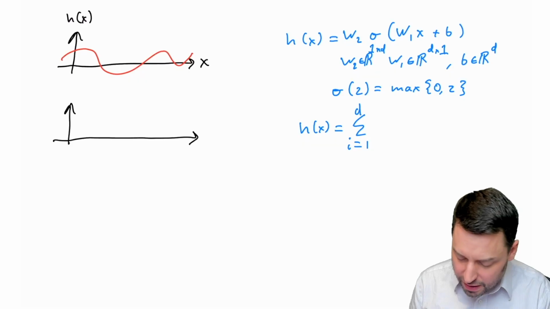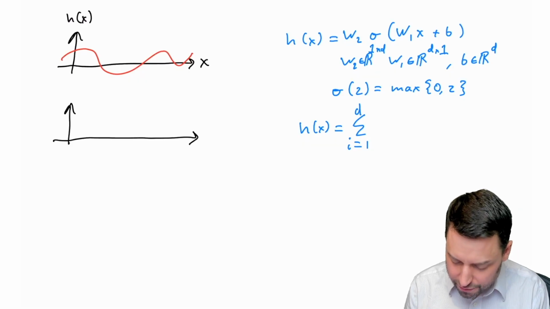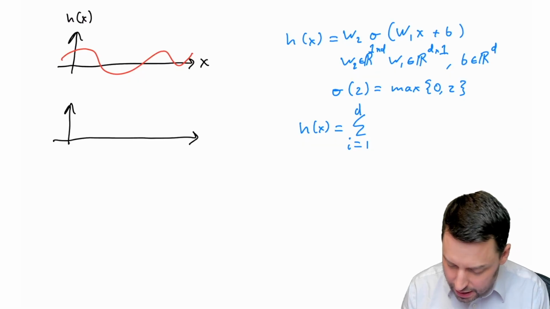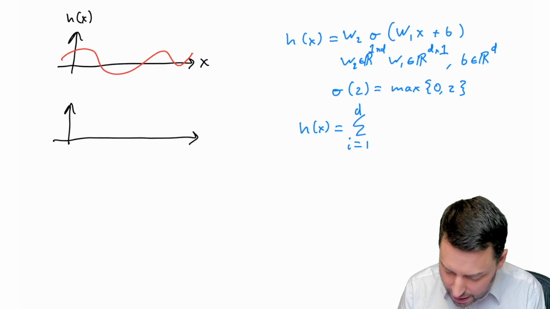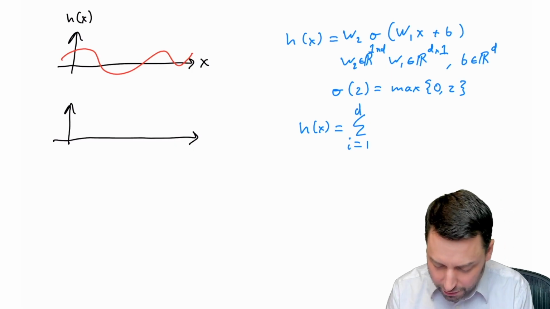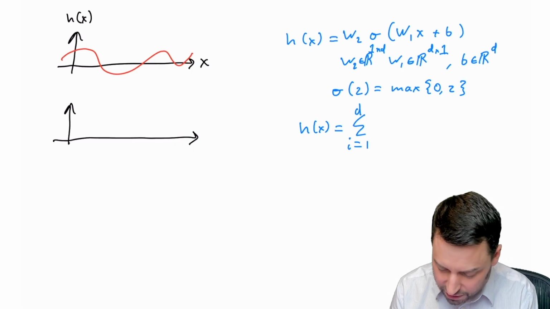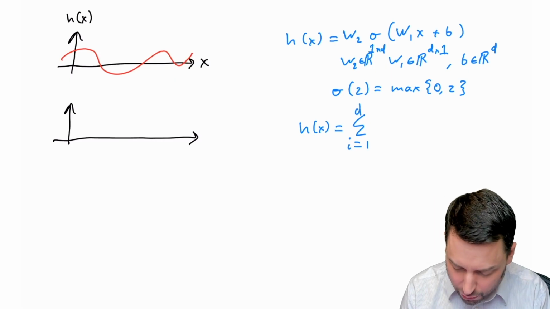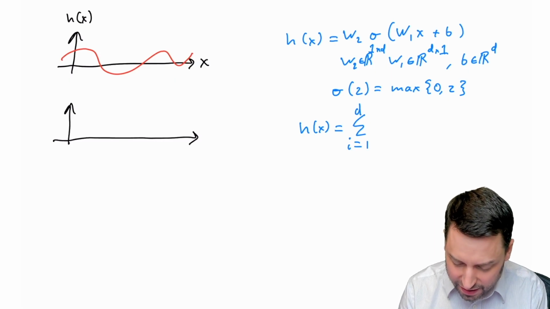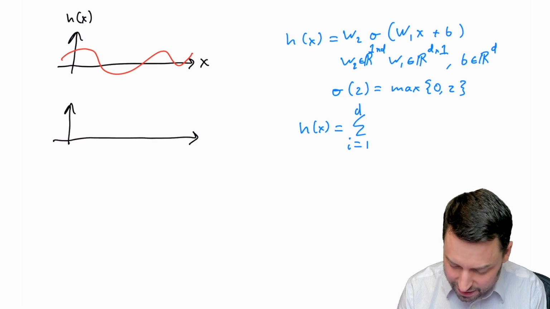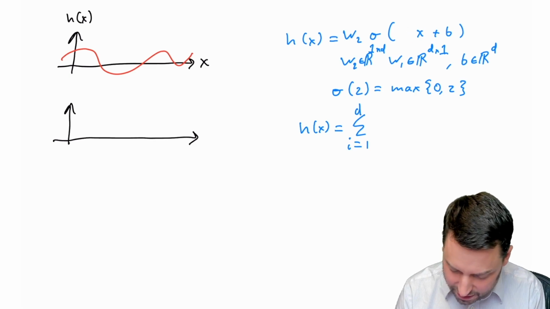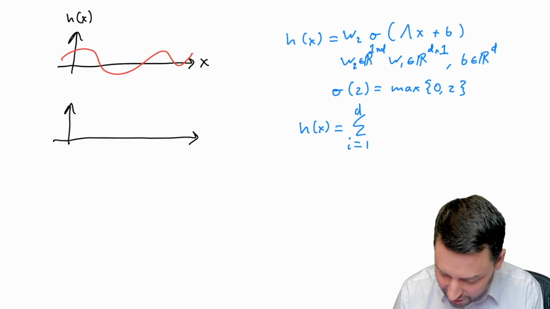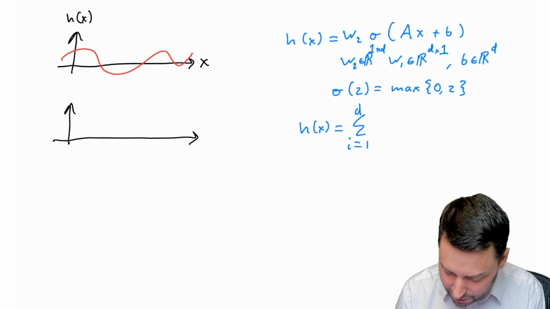So it's going to be equal to the sum from i equals 1 to d of some term. And just to be a little bit more clear here, maybe rather than calling this thing W2 and W1, because that requires too much notation here, I'll call this a, and I'll call this one w.